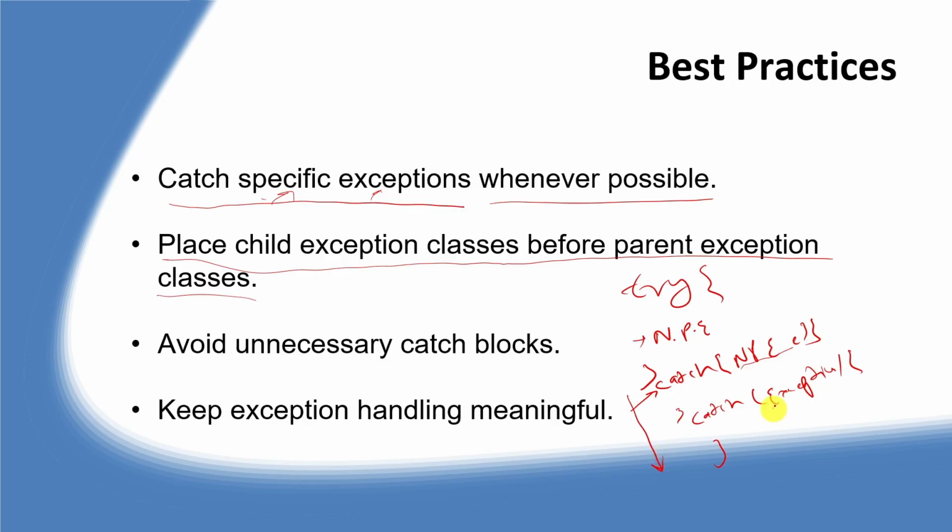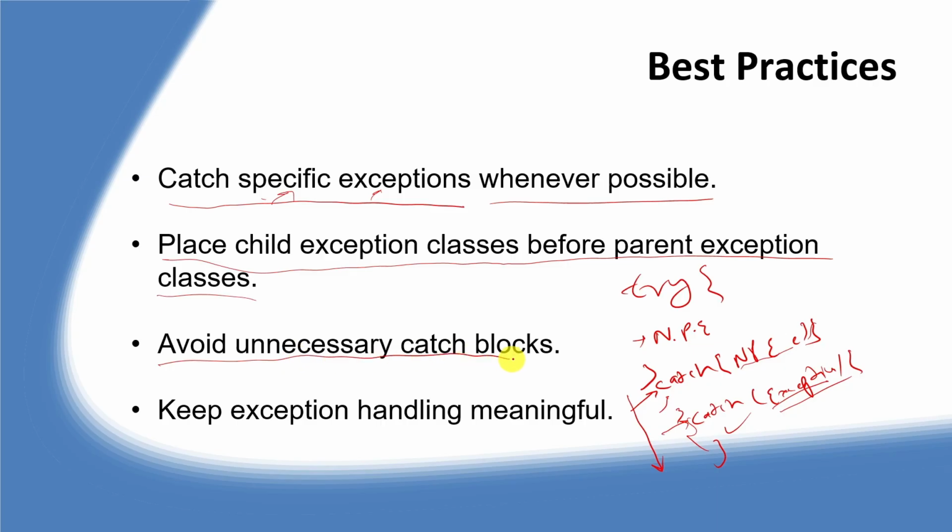And the parent class exception catch block should always be at the last, because if this catch block's checking comes, it will definitely execute since it covers all exceptions. And if we want a specific exception to be handled, then that particular catch block should be defined before.